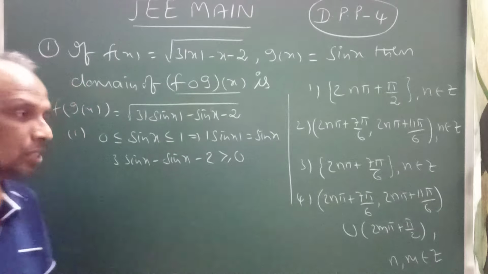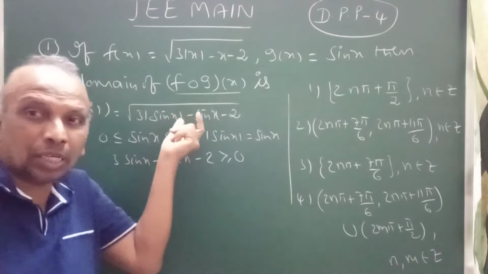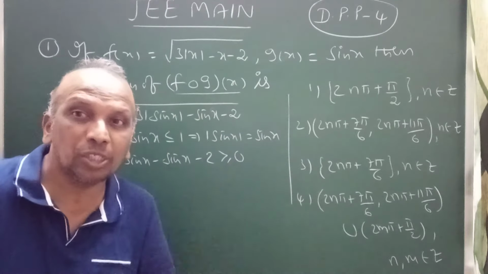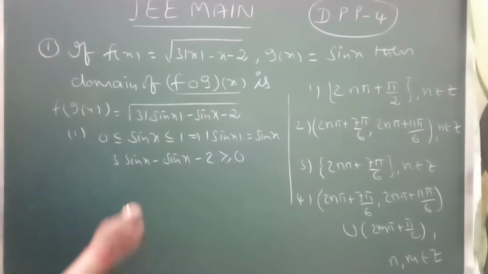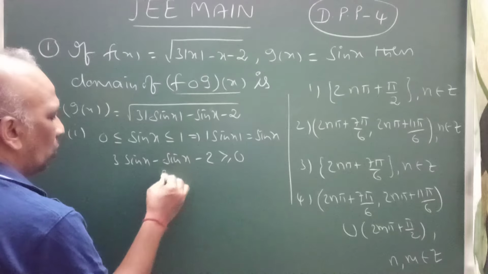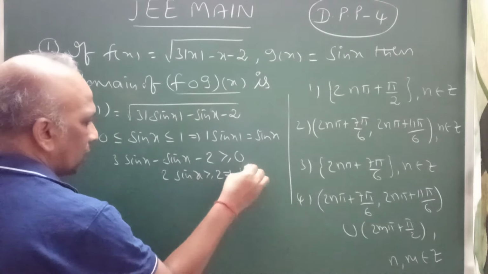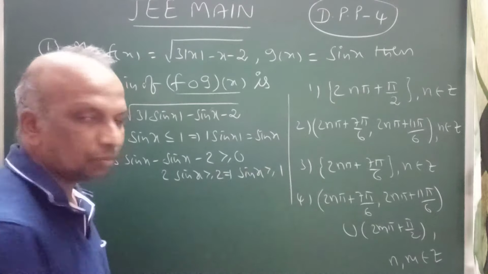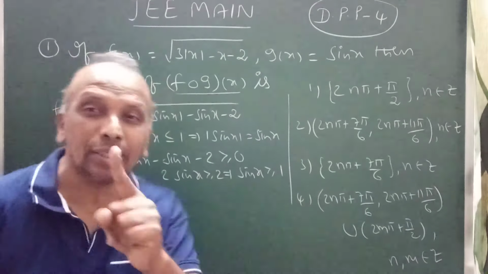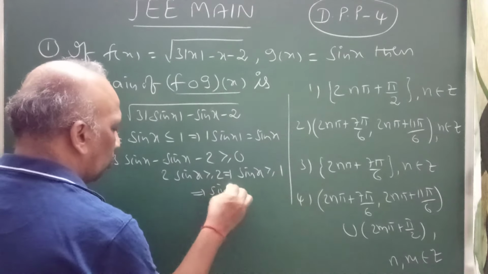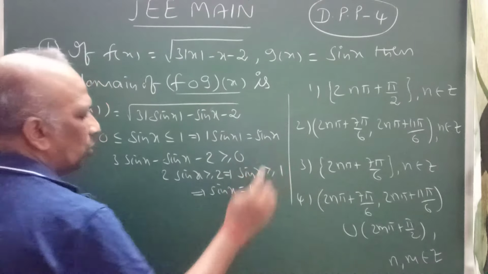Since this is a root, it holds when the value inside should be positive or 0, greater than or equal to 0. You will get 3 sin x minus sin x, that is 2 sin x greater than or equal to 2, so sin x greater than or equal to 1. But it holds only when sin x is equal to 1.